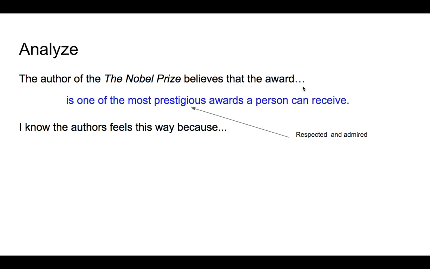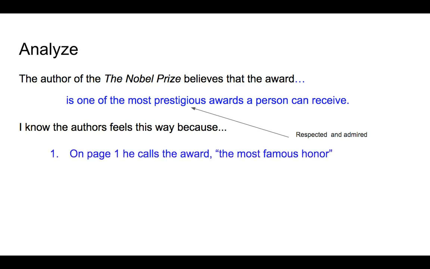I'm going to explain why I believe that. Here is some evidence. On page 1, he calls the award the most famous honor. Not only is he saying that it's a famous prize, that it's an honorable prize, but it's the most famous honor. He believes it is the most famous honor a person can receive.